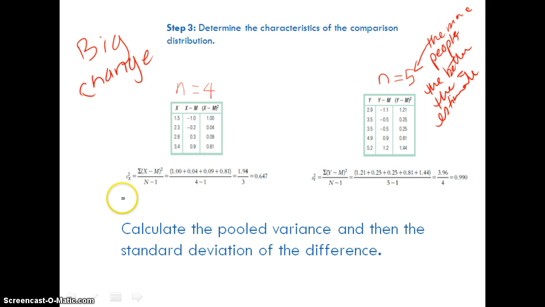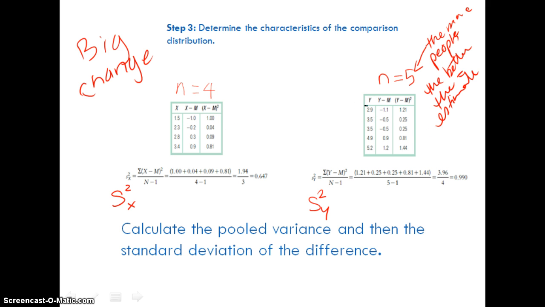So here you'll start to notice that we have now another subscript. So the variance for all of the x scores, that's our first sample. And here we have the variance for all of the y scores. And all you need to do is calculate the estimated standard deviation just like you have been, just for the set of scores for the group that's x and for the set of scores for the group that's y.